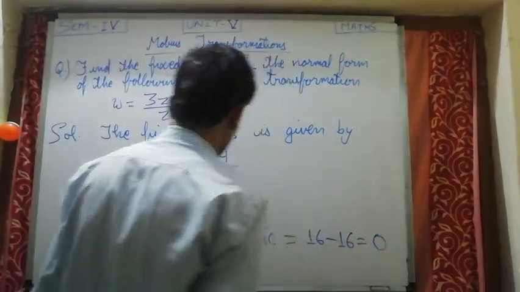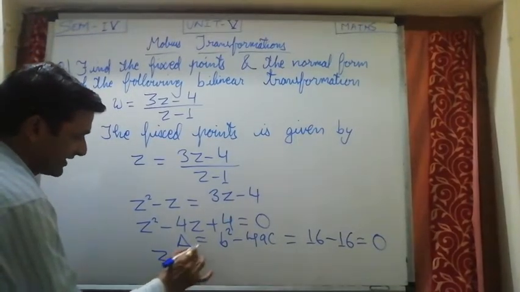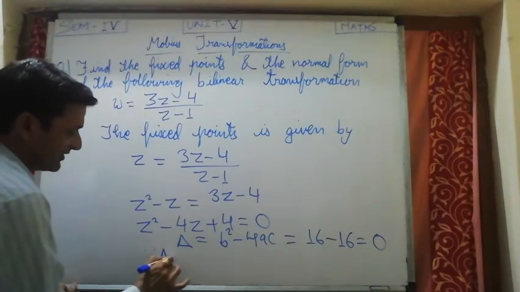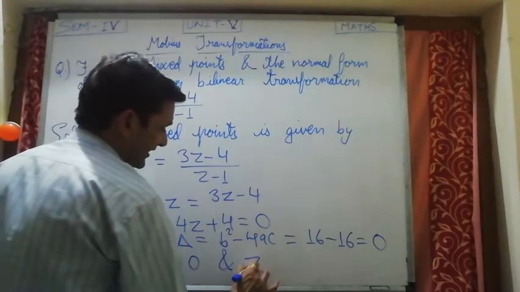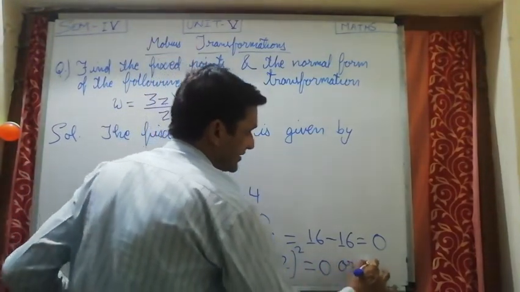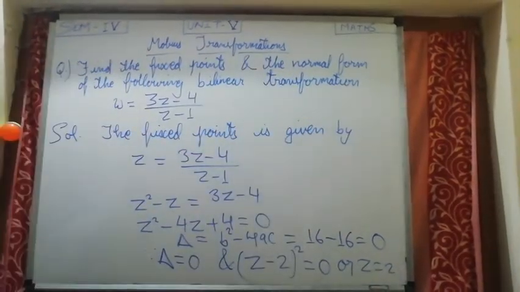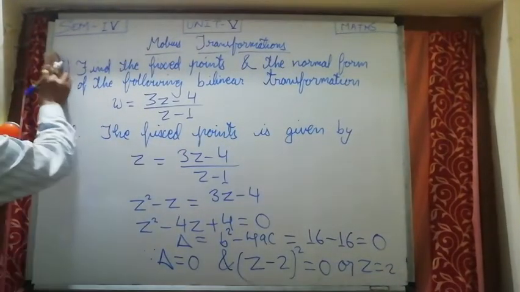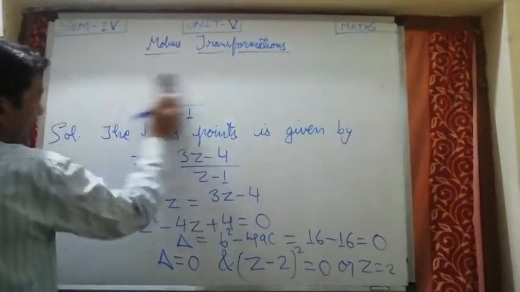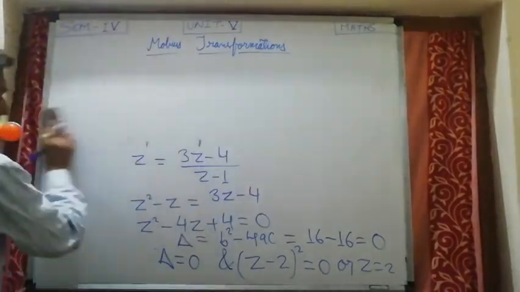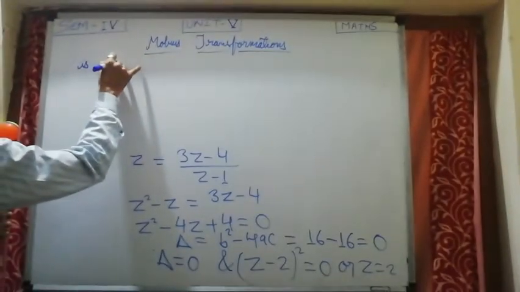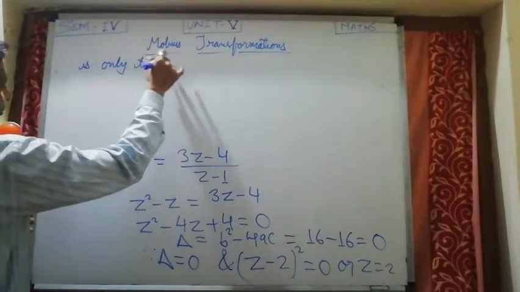So that discriminant is equal to 0, or we can say the root is only 1, because delta is equal to 0 and (z - 2)² = 0, or z = 2. Only the one fixed point.